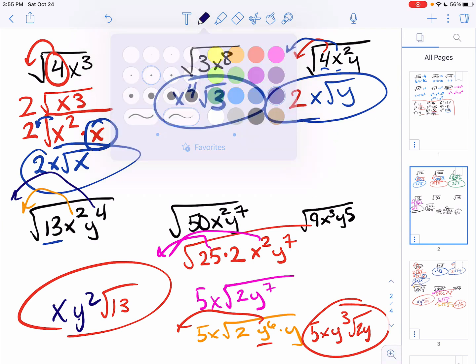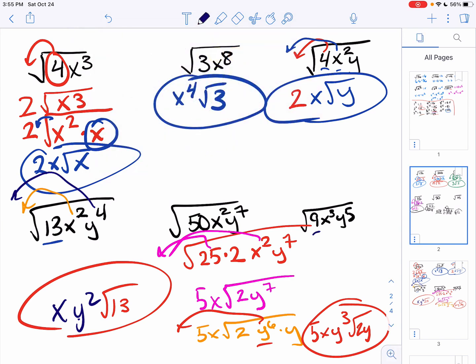All right, last one. So 9 is a perfect square, so I can bring that out as a 3. So I have 3, and what's left? x to the 3rd, y to the 5th. I can change x to the 3rd to x squared times x. I could change y to the 5th to y to the 4th times y.